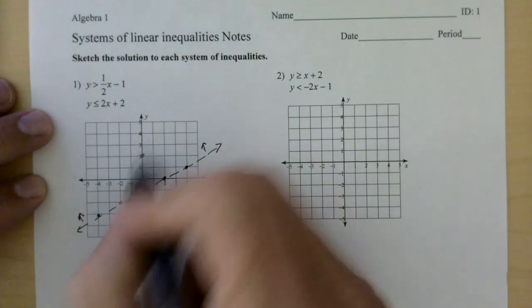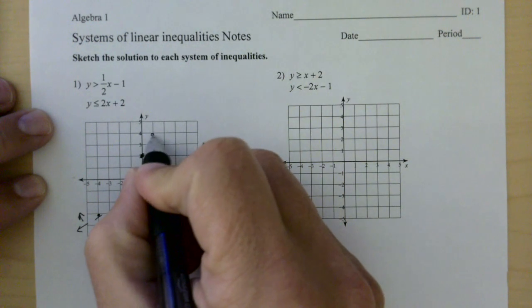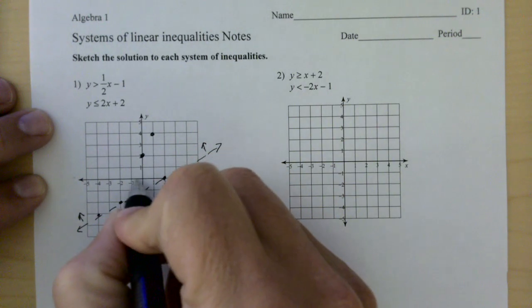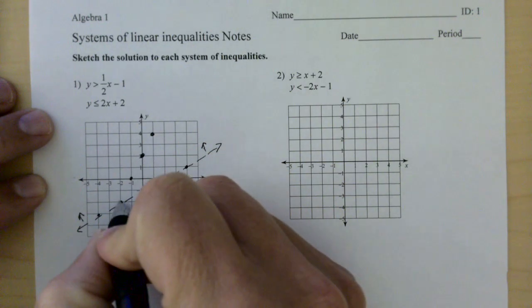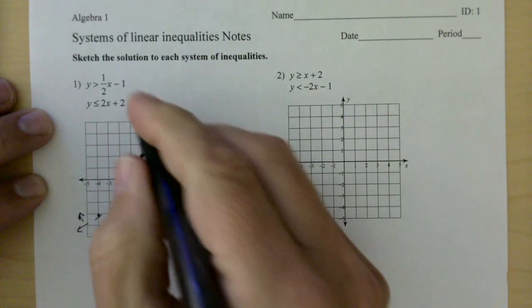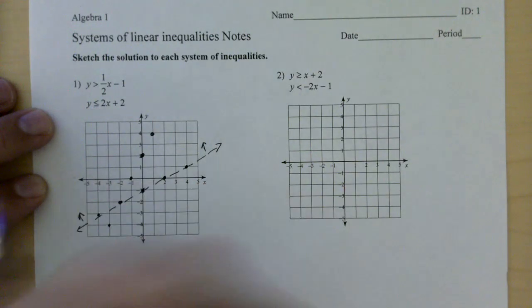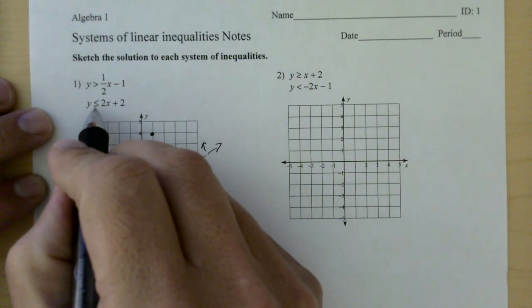This is a positive slope, so this line's still going to go uphill at a rate of up 2 over 1. Now I can go down 2 and to the left, down 2 and to the left, but this time it's going to be solid because we can include all the points on this line because the inequality is less than or equal to.